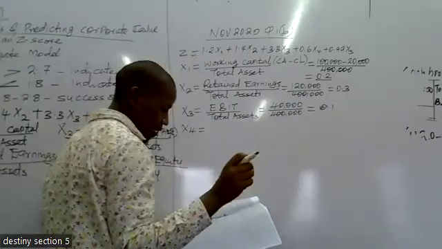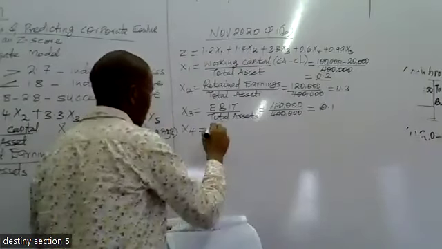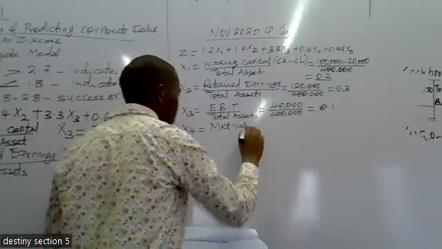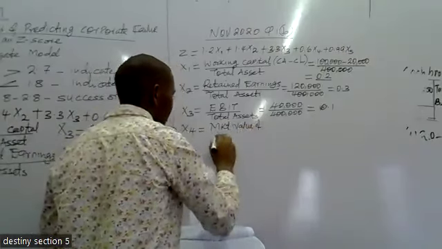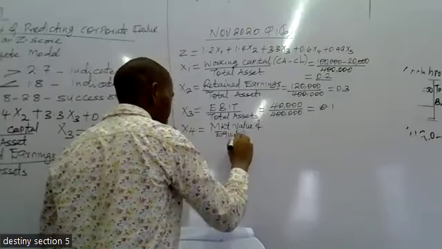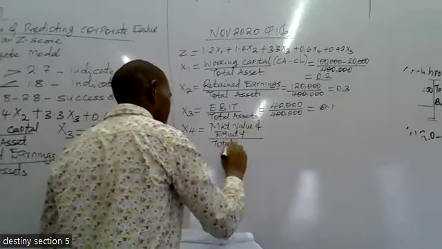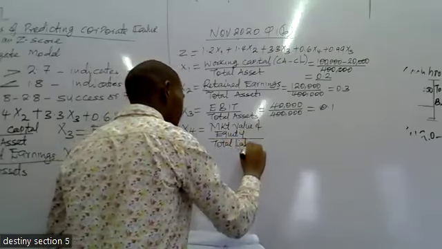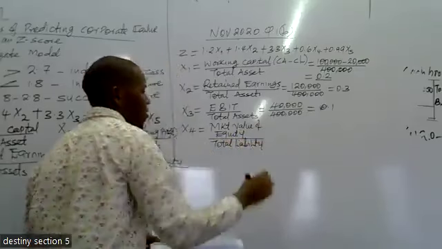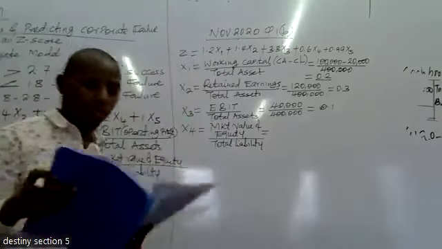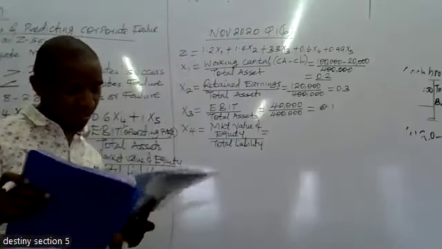So we go to X4. X4 in this case is market value of equity. You divide by total liability. So market value of equity will be now the current market value.